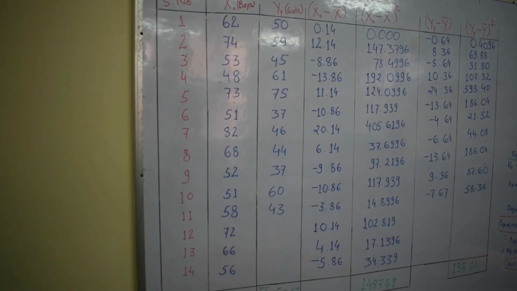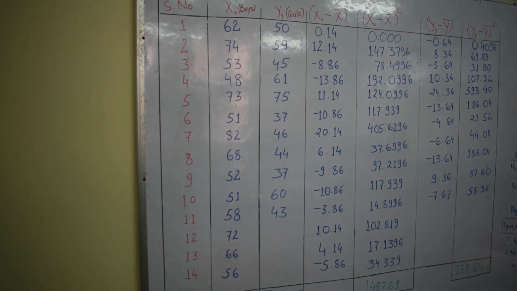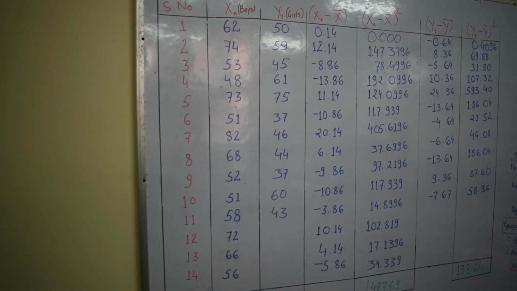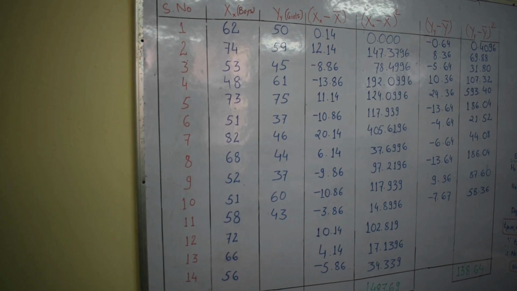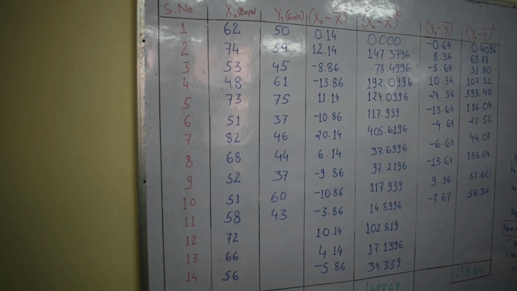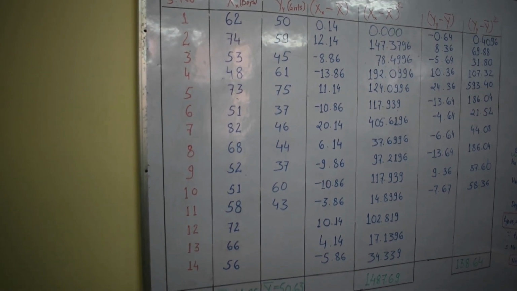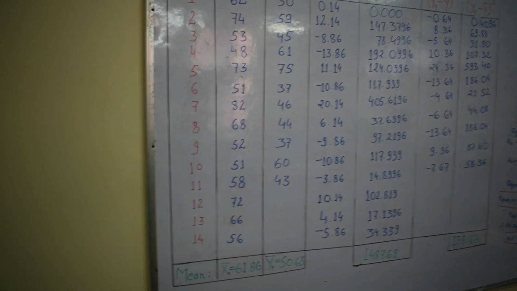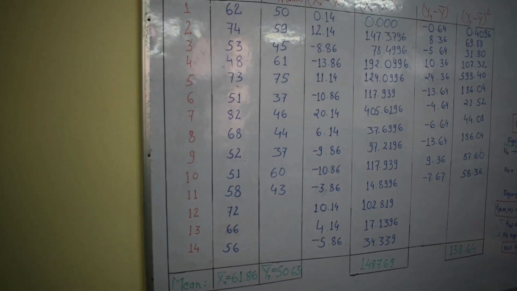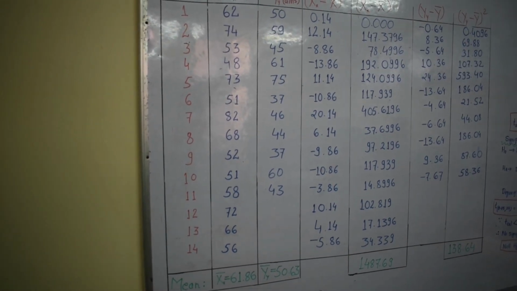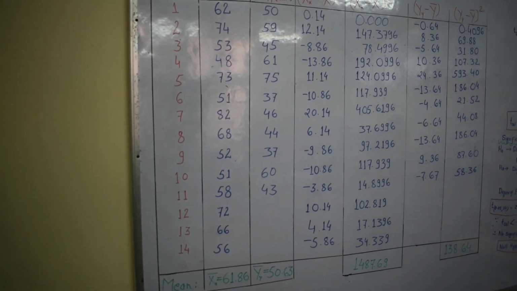Now onto the calculation board itself, you can see the number of observations. We have increased the number of participants by 1 for girls and boys who are recording. So the number of boys is 14 and for girls it is 11. The mean weight of boys is 61.86 and for girls it is 50.63.